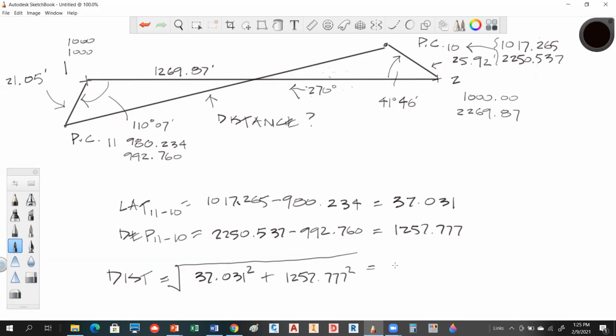So when I do that, I get 1,258 point, I could probably round it back to 2 decimal places now. 1,258.32.